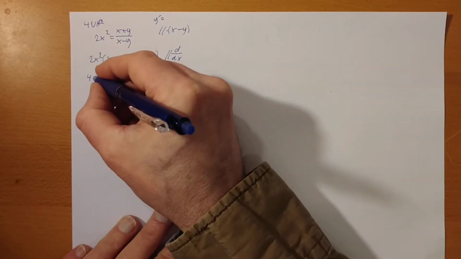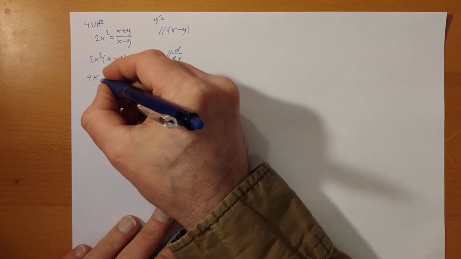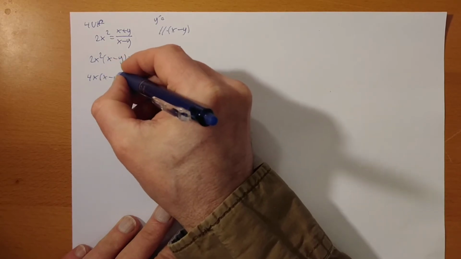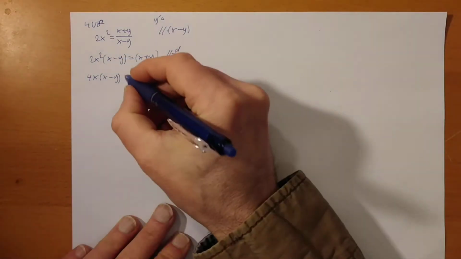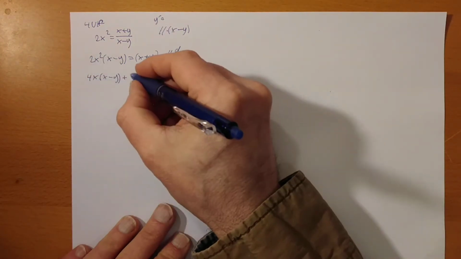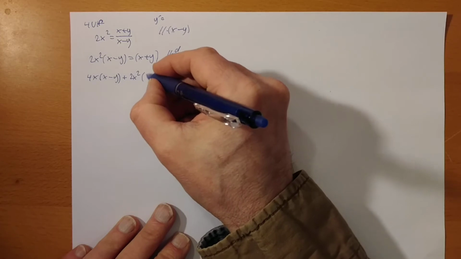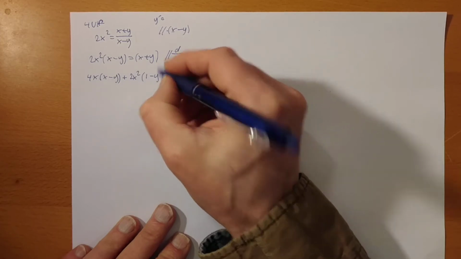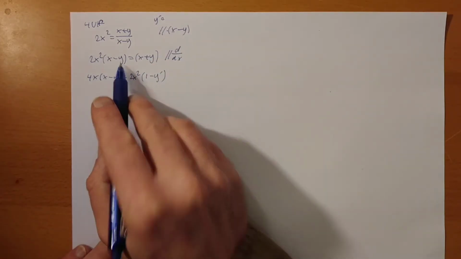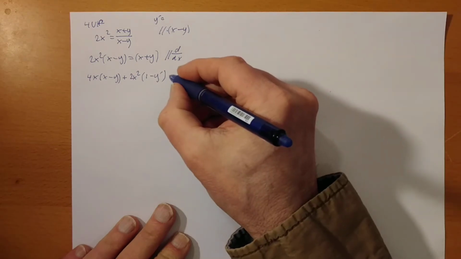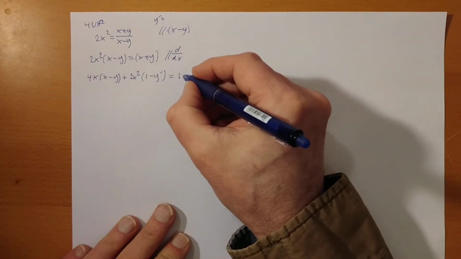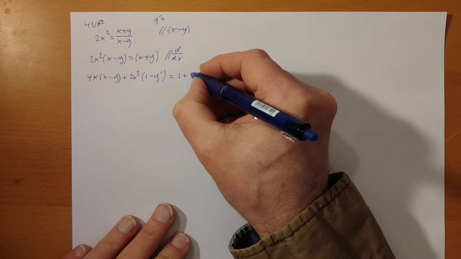So the derivative of 2x squared, which is 4x, keep the x minus y, plus keep the 2x squared times the derivative of this, which will be 1 minus y prime, remembering now that y is a function of x, equals 1 plus y prime.